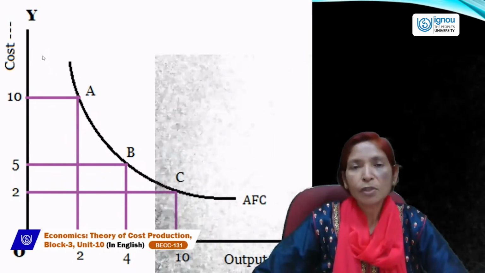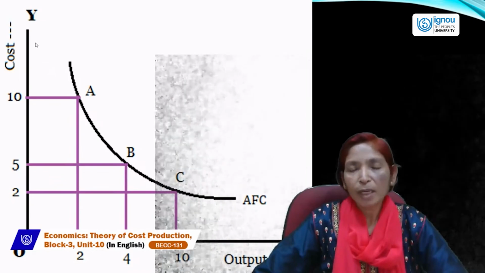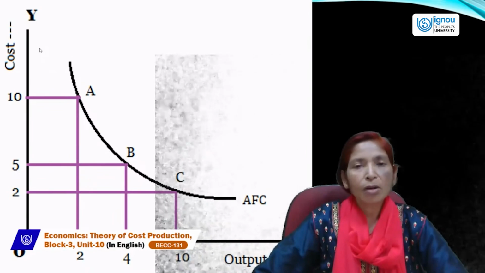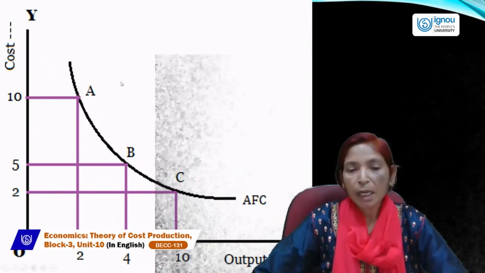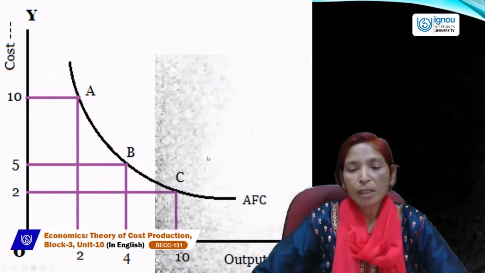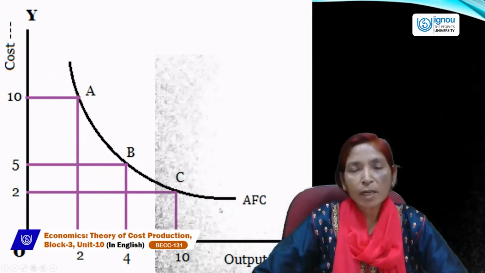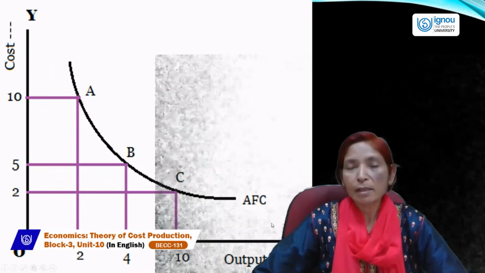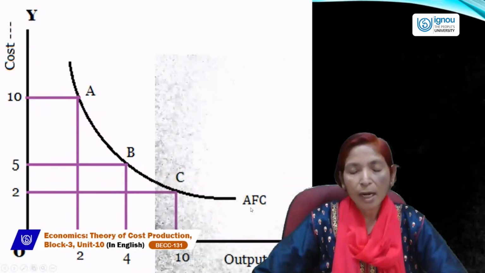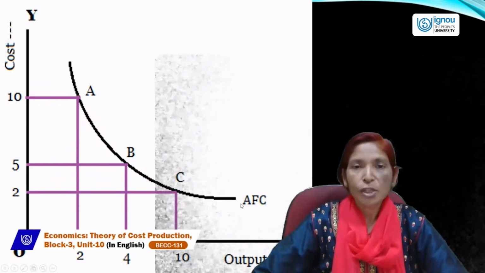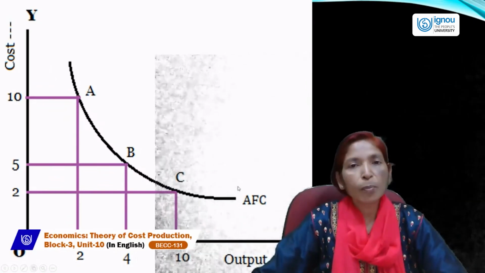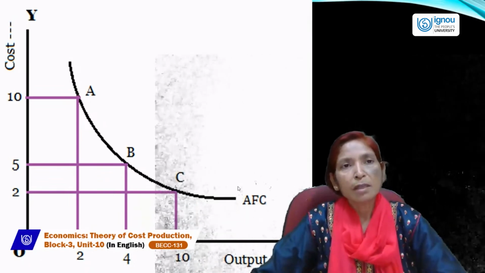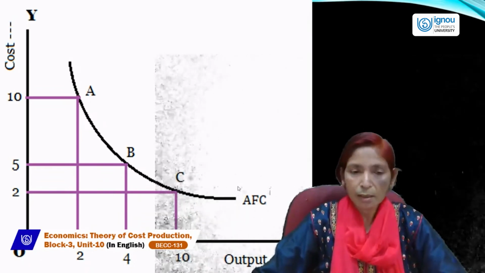That's why its slope is always downward, which represents that as output increases, cost will decrease. But the AFC curve will never touch or intersect the x-axis. It may become parallel to the x-axis, but never touches and never intersects. Its shape is always downward sloping from left to right, and its other name is the rectangular hyperbola curve.